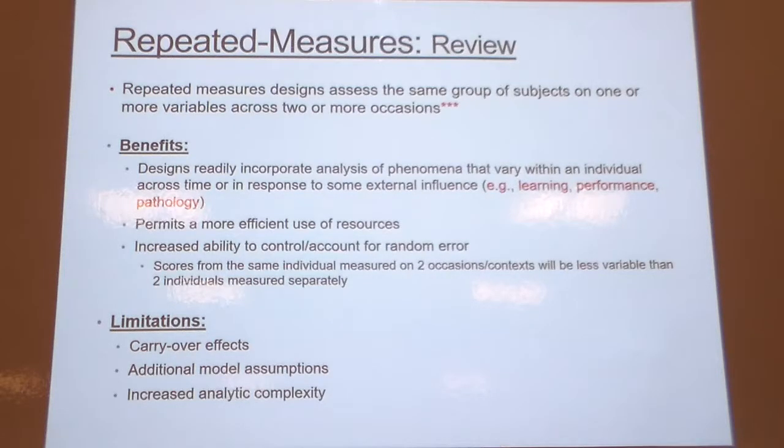So if we have a matched paired design, right, where we've matched people up for things, right, we would still analyze those data even though they're not the same people, measured across multiple occasions.